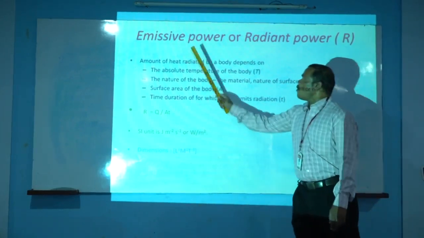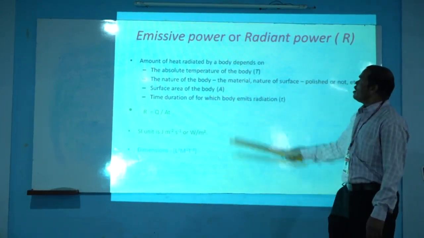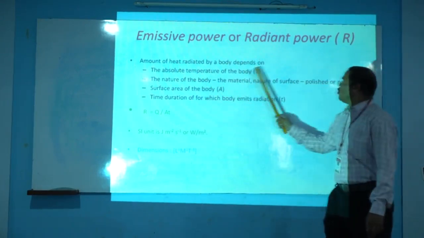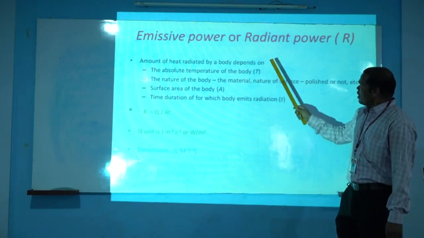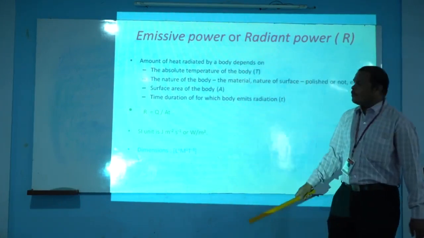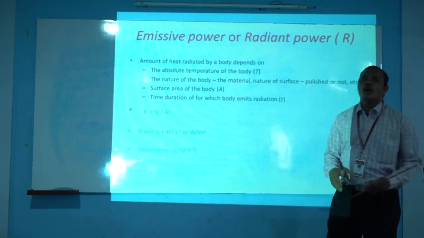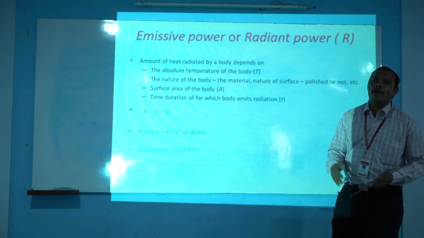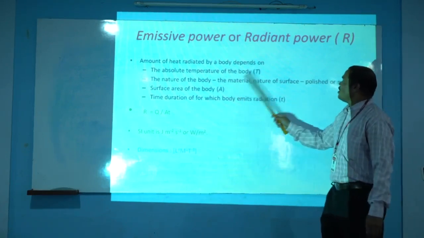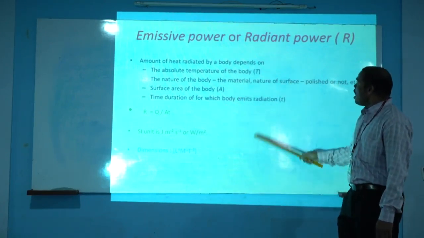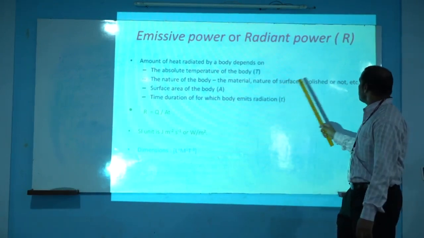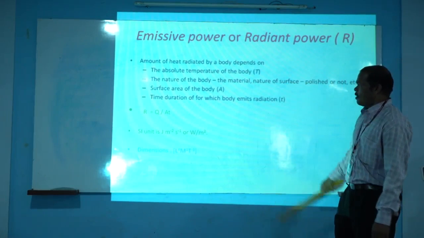So we know that the amount of heat radiated by the body depends on, firstly, the absolute temperature of the body, that is capital T. Secondly, it depends upon the nature of the body, whether it is a perfectly black body or an ordinary body. Then it depends upon the nature of the material, and also upon the nature of the surface, whether the surface is polished or not.